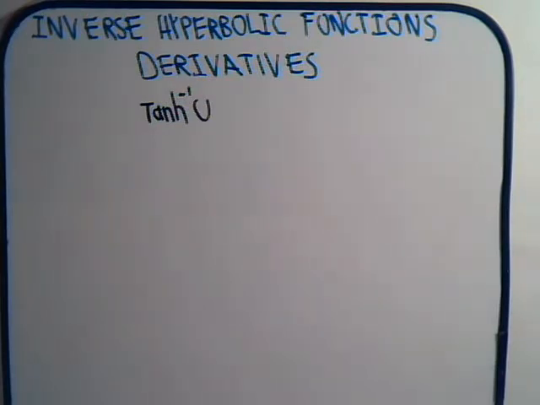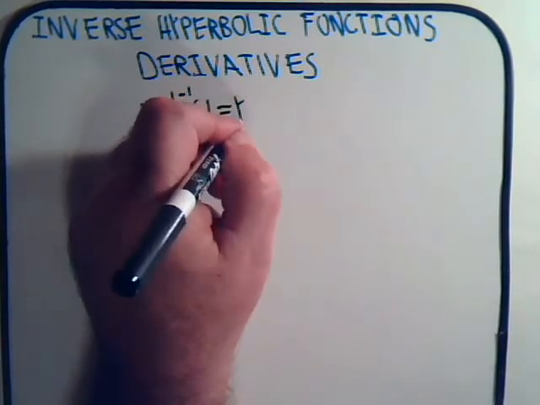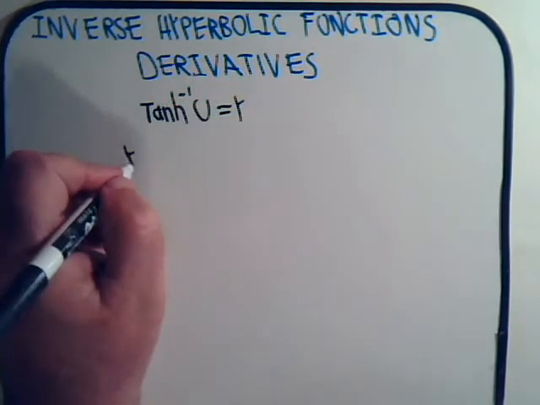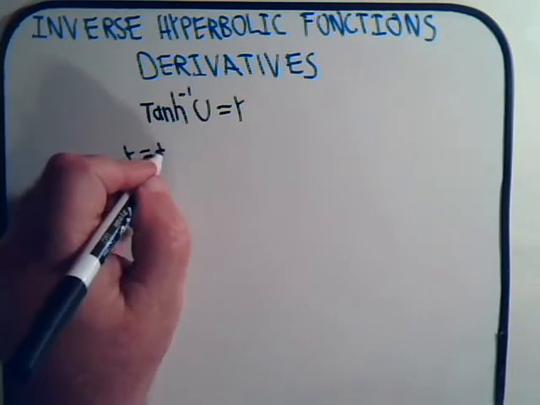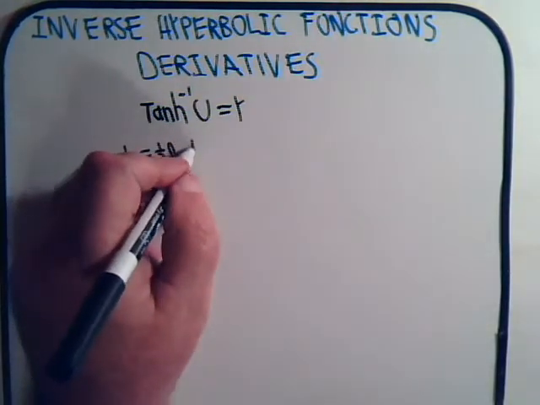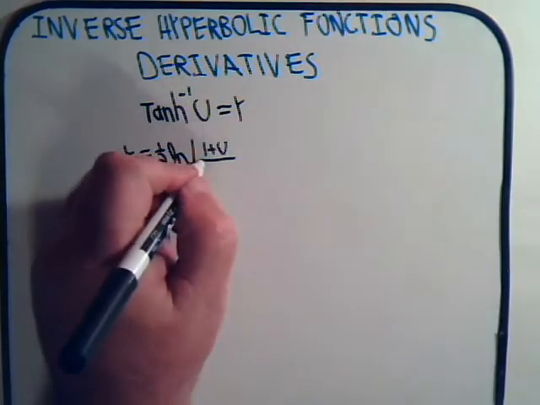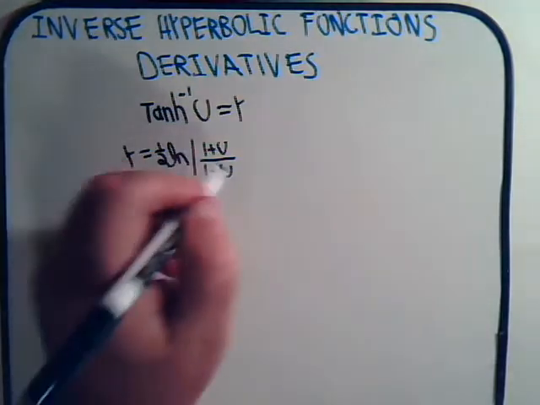So, for example, if we call this y, then y has to equal 1/2 the natural log of (1 plus u) divided by (1 minus u).